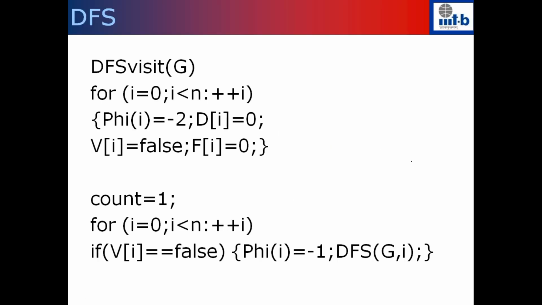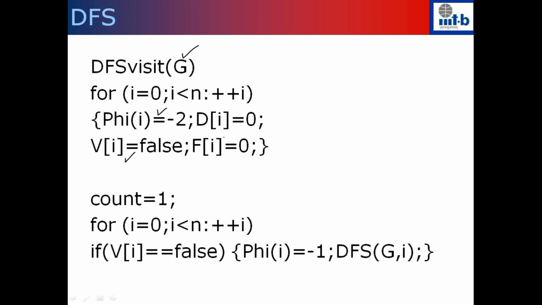What we are given is a graph G. Let's call it DFS visit. We have the pi function, which I'm going to initialize to -2, and this is the flag indicating whether the vertex has been visited or not. Then I have two arrays which will compute the discovery time and the finish time.